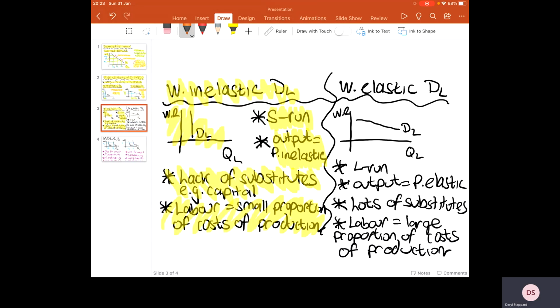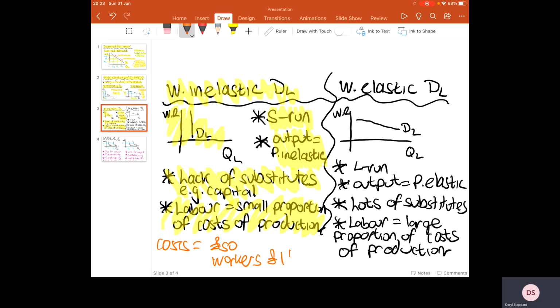If the cost of production for a firm is £50 for every unit of output produced, but workers make up only £1 of this. So only £1 out of the £50 cost of production is for the cost of workers.